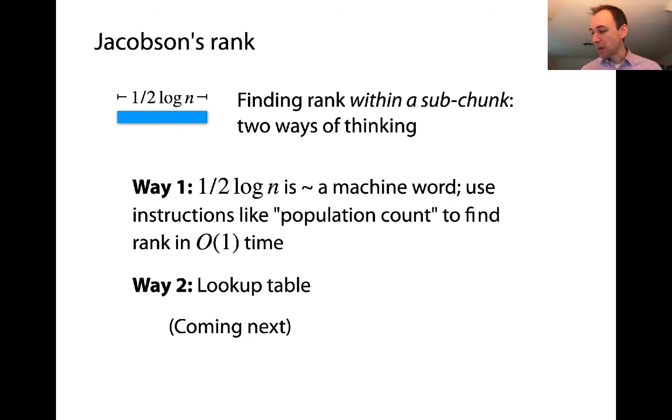But a second way of thinking about it is to say that we're in the second of the two types of base case that we talked about at the beginning, where the bit vector is so short, 1/2 log n, that we could imagine making a lookup table that contains all the answers. And the bit vector itself, together with the offset we're interested in, can form a key for a direct address lookup into a lookup table.